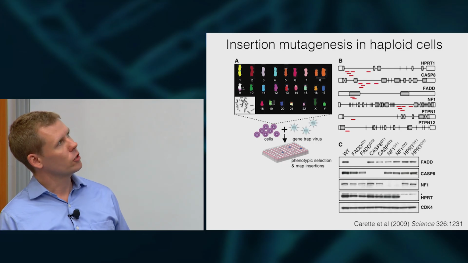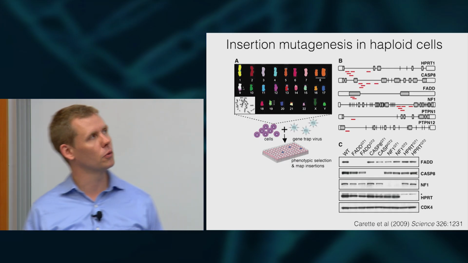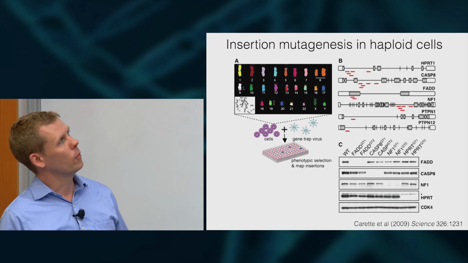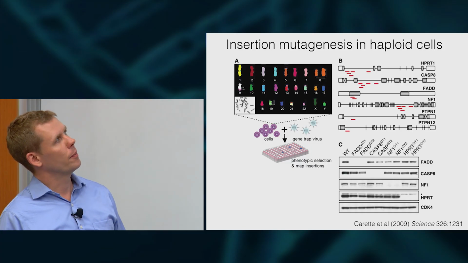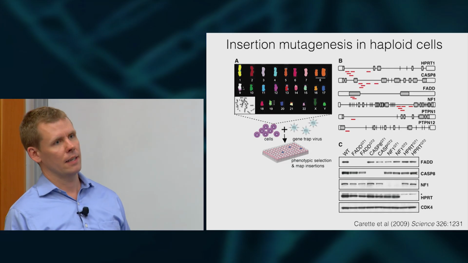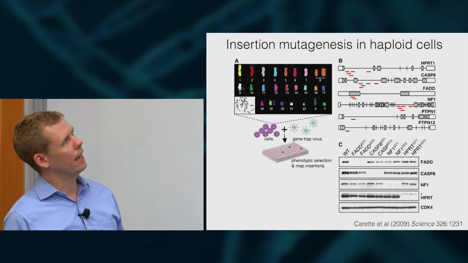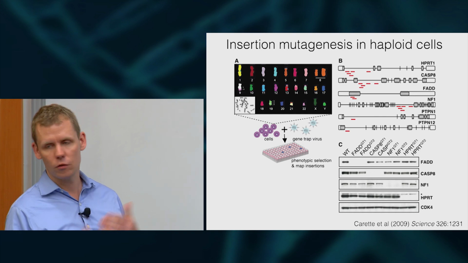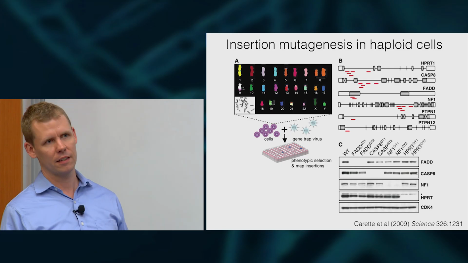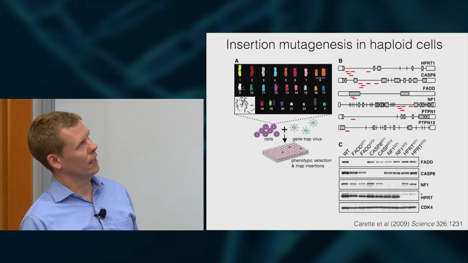One method that I'm just going to mention that is from the pre-CRISPR era, but that still has its uses and, as I said, has some beautiful applications, is insertion mutagenesis, by which, for example, a mammalian cell line is infected in a pool with, let's call it here, a gene trap virus, basically an element that inserts randomly into the genome, disrupts the genes where it's integrated with a known sequence, and thereby enables you to select cells with a given phenotype and identify, using sequencing, the insertion site.